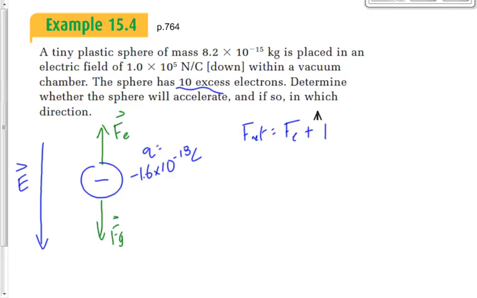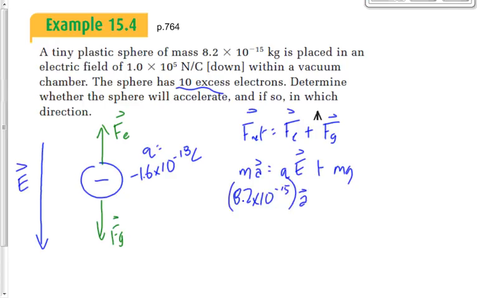We're not worrying about directions yet. Now let's plug in some numbers and worry about directions. M is 8.2 times 10 to the minus 15 times A. That's really what we want to find here, right? Does it accelerate? Well, if A is 0, the answer is no, it doesn't. If A is something, then it accelerates.